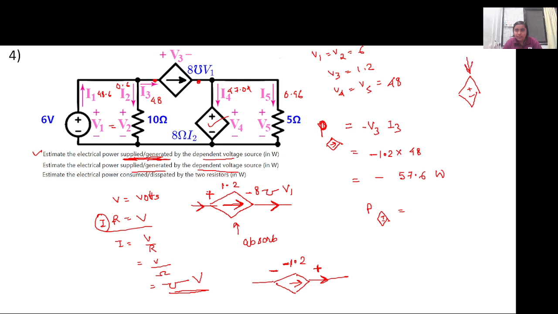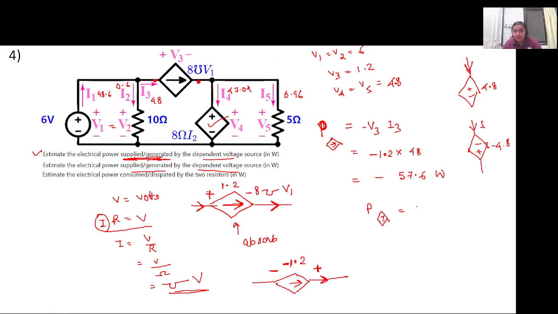So in this case it is again entering, so either reverse the direction of the current or reverse the direction of the voltage. So if we reverse the direction of the voltage, V4 is 4.8, I believe. Yeah. So this is 4.8 volt initially. So if we reverse the polarity, then it is minus 4.8 volt. Now it is delivering power.